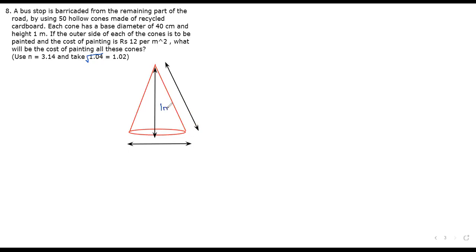So height is 1 meter. Base diameter is 40 centimeters. So obviously the radius would now become 20 centimeters, which means what? 0.2 meters. Yes or no?